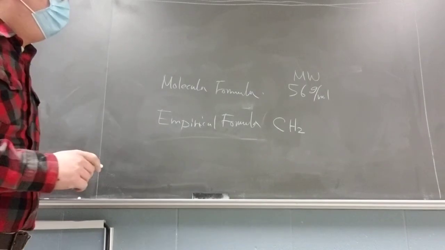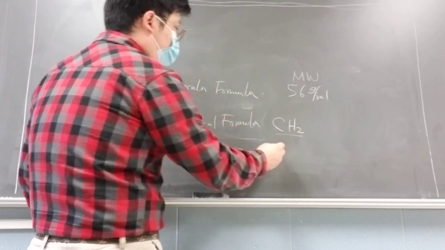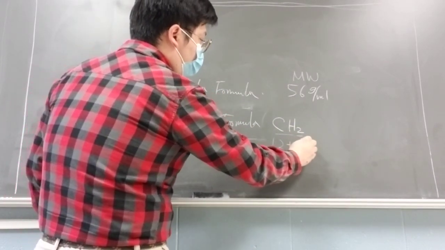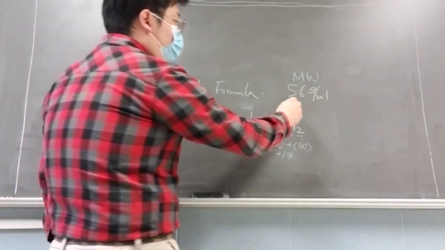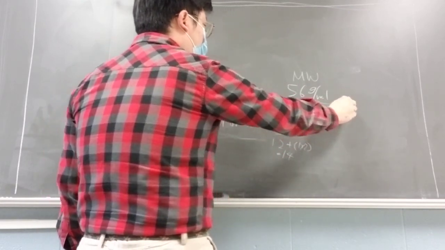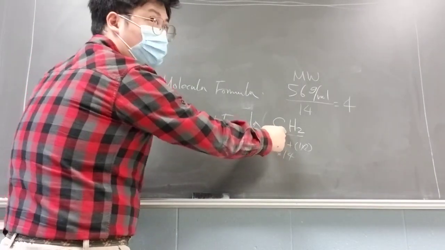Okay, so yeah, we'll do the same thing over here. We're going to do the empirical formula weight, which is 12, and there are 2 hydrogens, so we add 1 times 2. That makes 14, and then you divide the molecular weight by 14. That is 4. Okay, so that makes what? 1. Perfect.